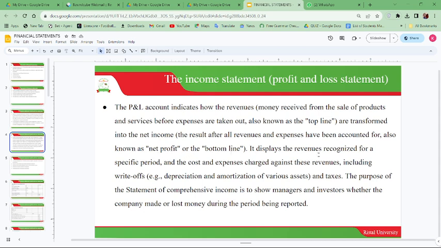It displays the revenues recognized for a specific period and the costs and expenses charged against these revenues, including write-offs, for example depreciation and amortization of various assets, and taxes. The purpose of the statement of comprehensive income is to show managers and investors whether the company made a profit or lost money during the period being reported.